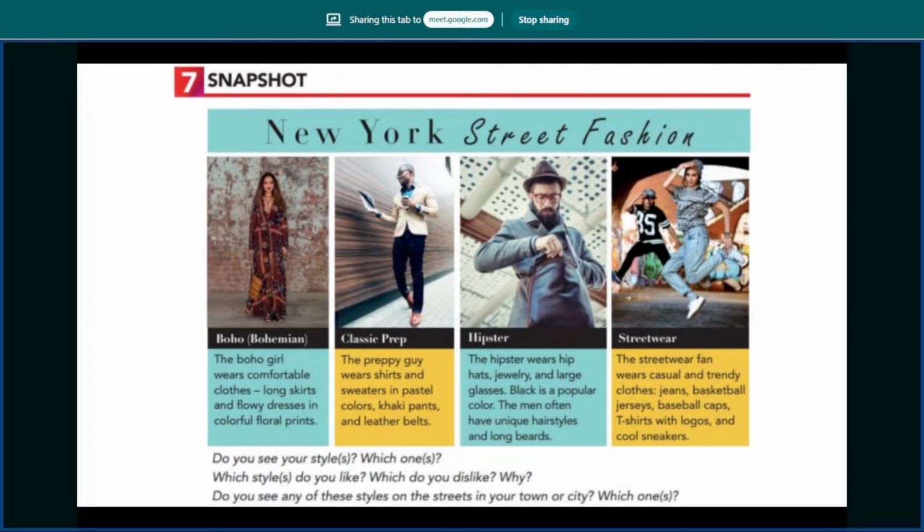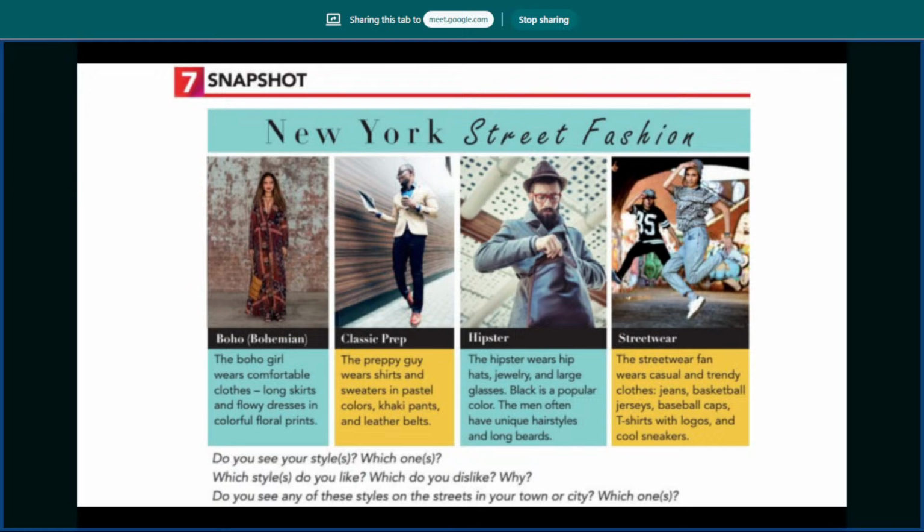Last one. Do you see any of the styles on the streets in our town or city? Which ones, from the ones given here? Vishal, you can start.